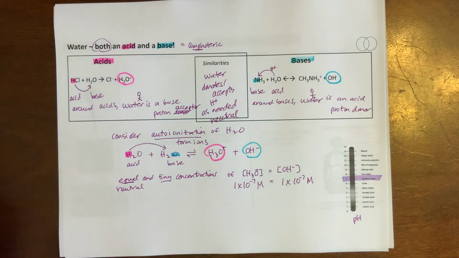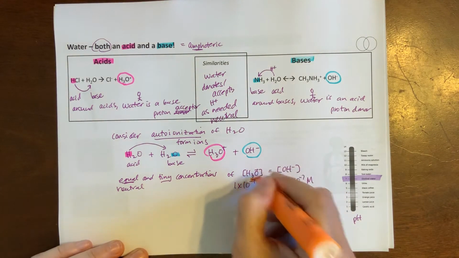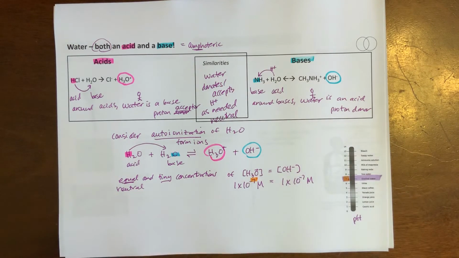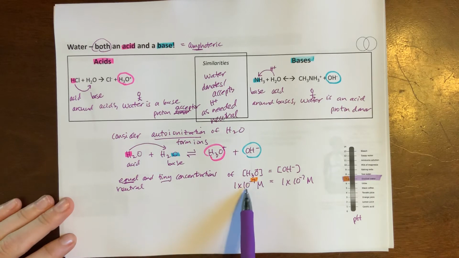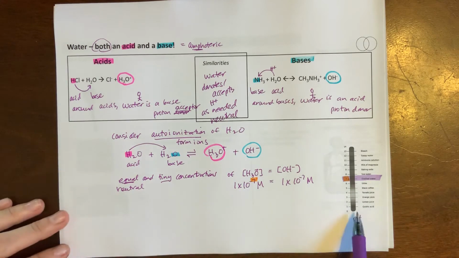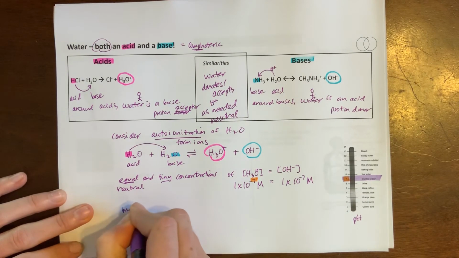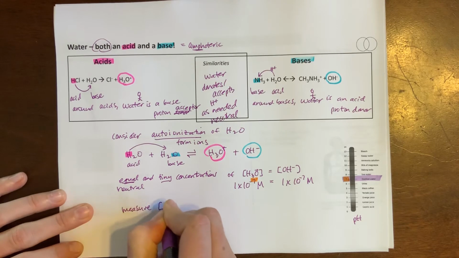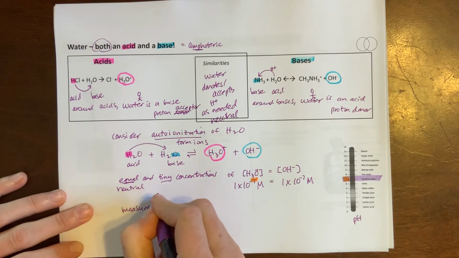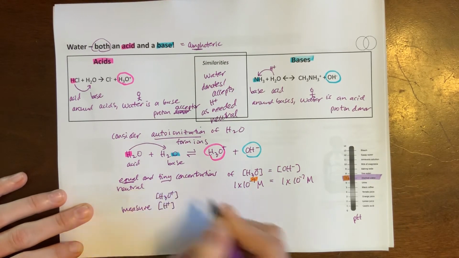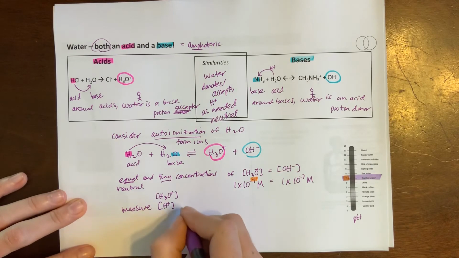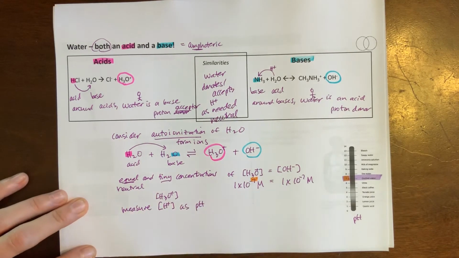Now something should maybe jump out at you. See this 7? And then see this 7 here? Those powers or exponents of 10 are going to be our powers of hydrogen over here on our pH scale. So we measure the concentration of H+, or that's the same as hydronium, right? So we measure those concentrations as pH.